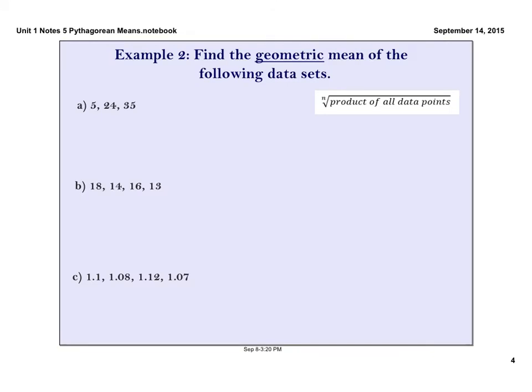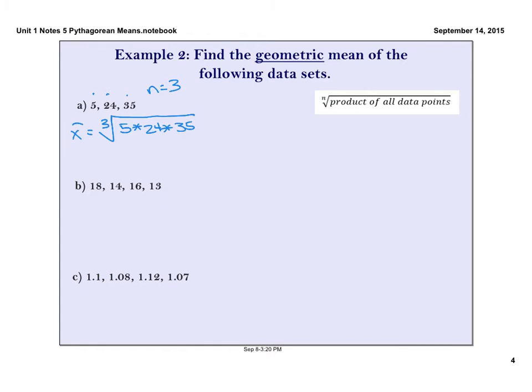Let's do some examples. We're going to learn some other calculator keystrokes here because we're going to need to find that nth root on your calculator. So first thing is, what is your n? In part A, my n is 3. Now let's plug it in. My mean is going to look like the third root of 5 times 24 times 35.